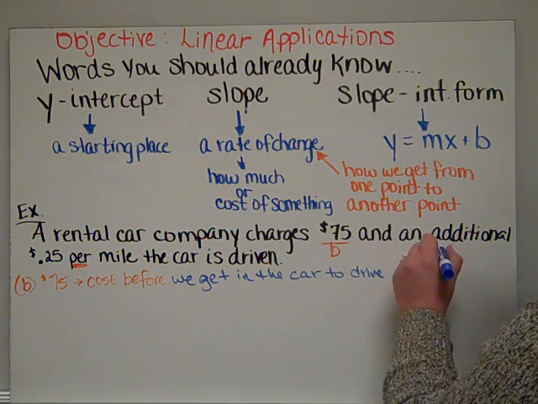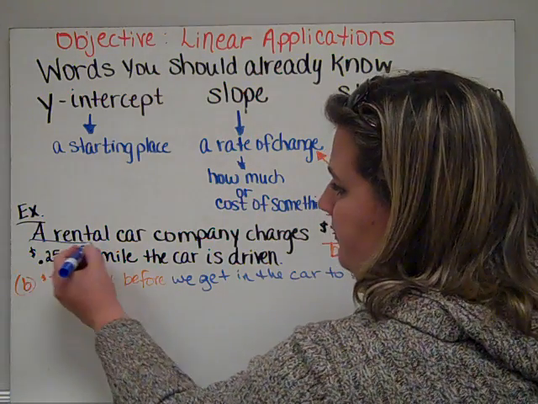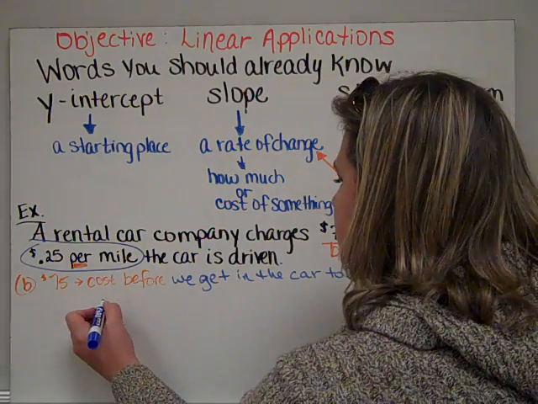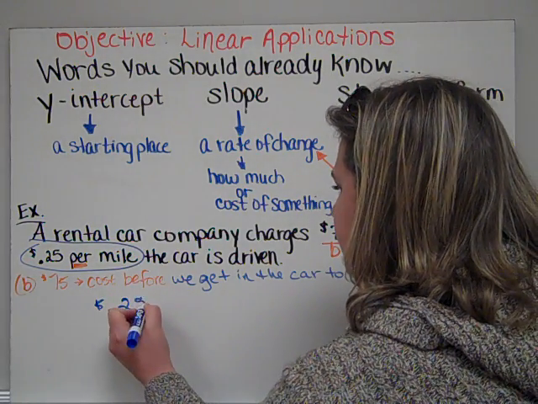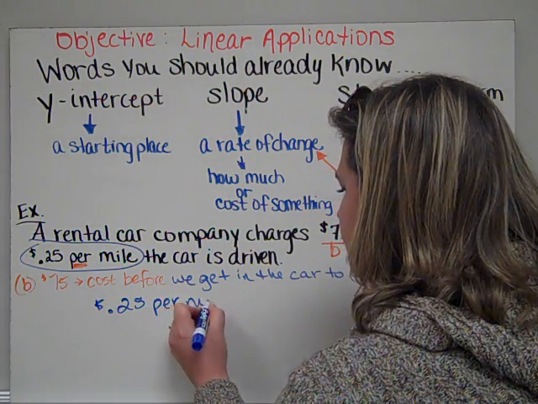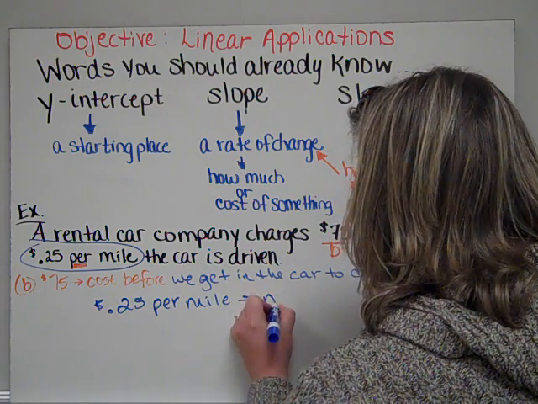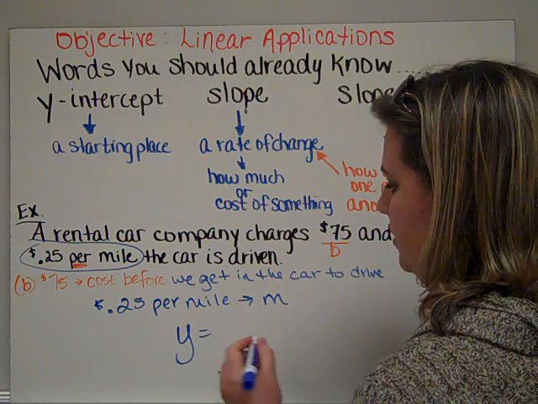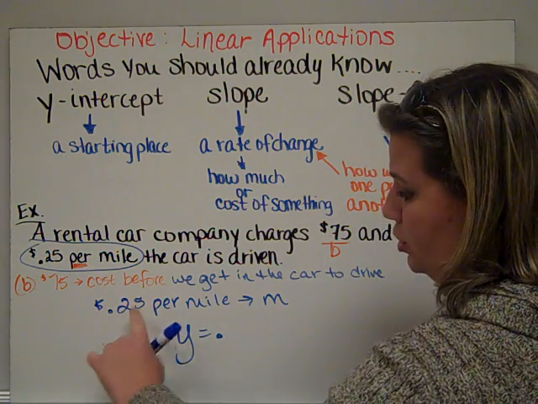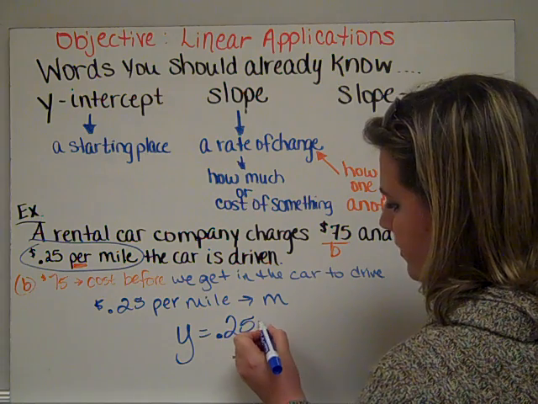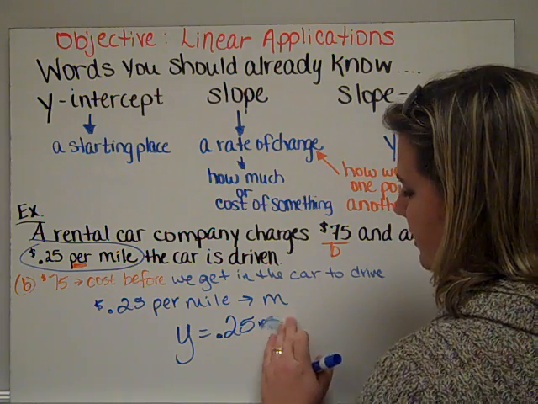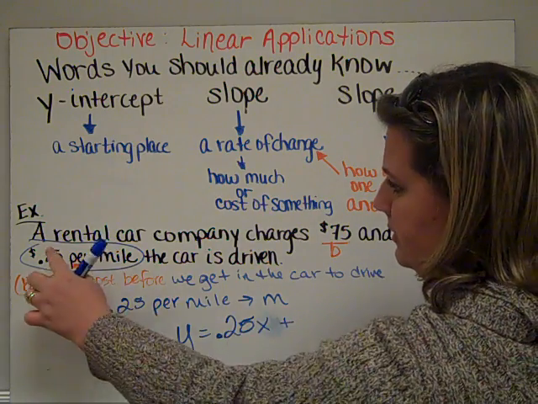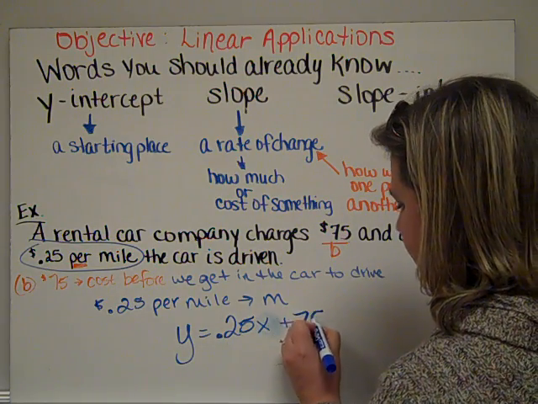Well, it tells us, and it has an additional 25 cents per mile. So that's also being added. So we know that that piece is our slope. So when I put this in slope-intercept form, remember this is a quarter, so 0.25 m plus our b, 75.